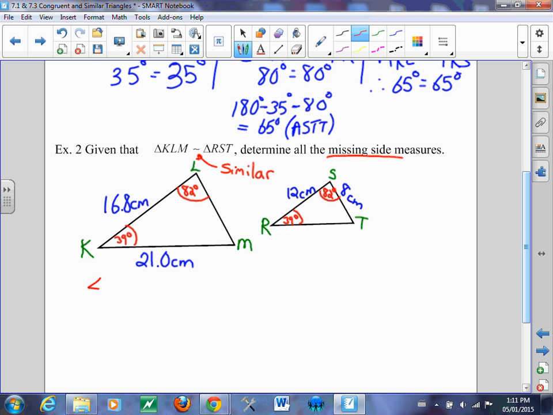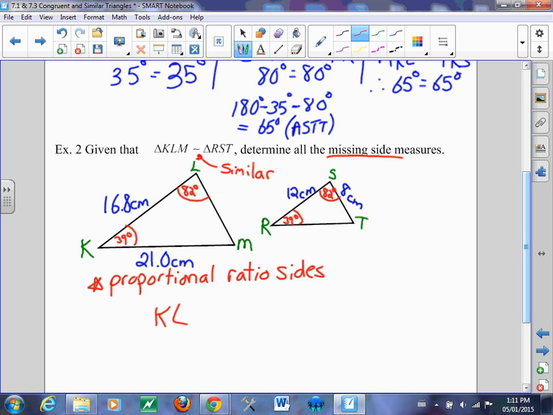So just want you to remember, guys, that this is proportional ratio sides. Okay, so first of all, let's take a look at KL. I'm going from 39 to 82.